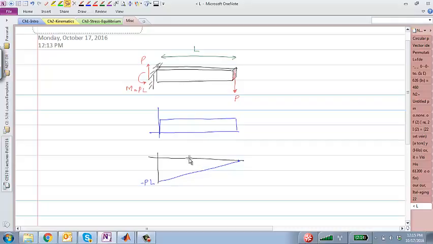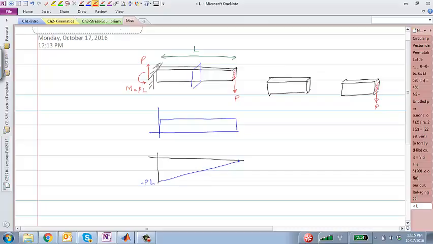If I take a cross section, let's say somewhere here, I imagine two different parts of this beam, left and right. So I'll draw those as well. These are the left and right halves. I have my external force P as a distributed force on the right hand.